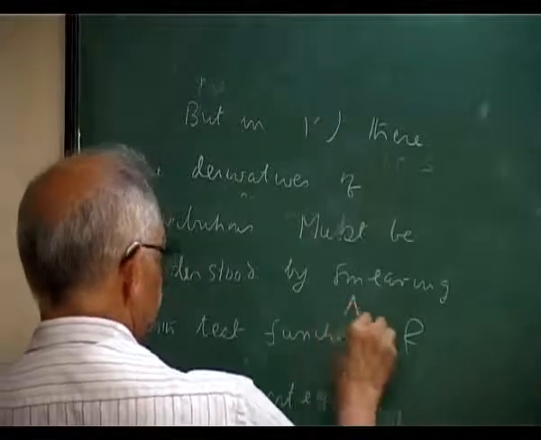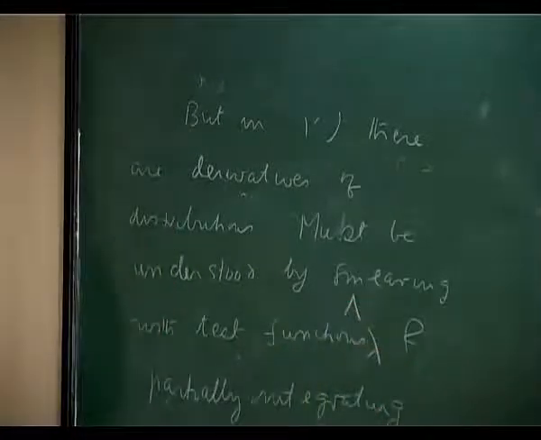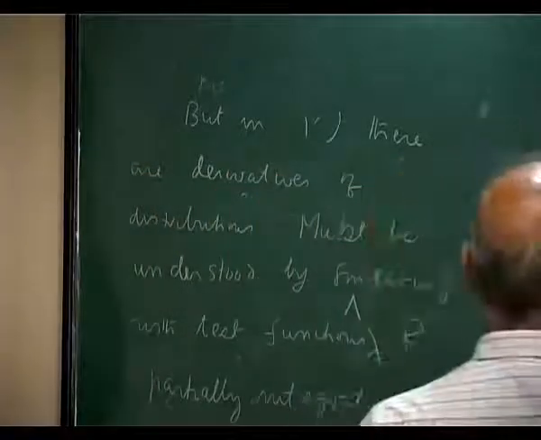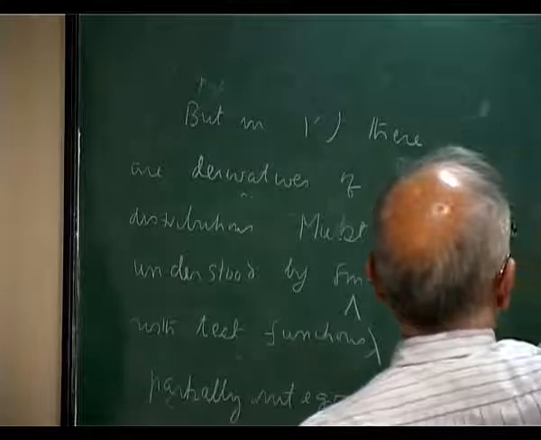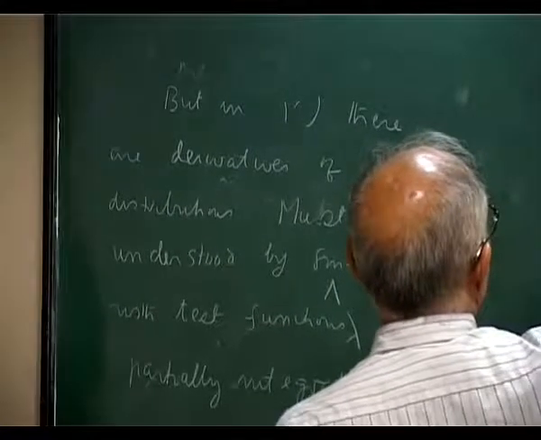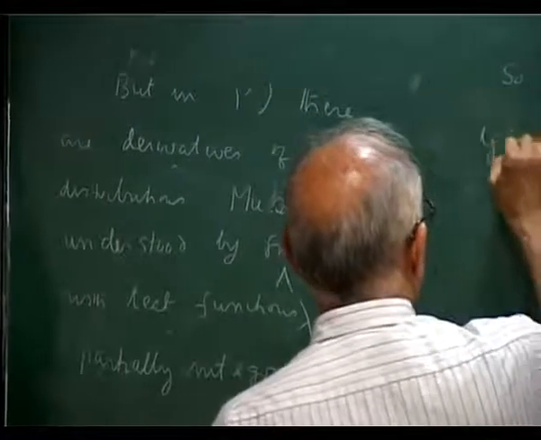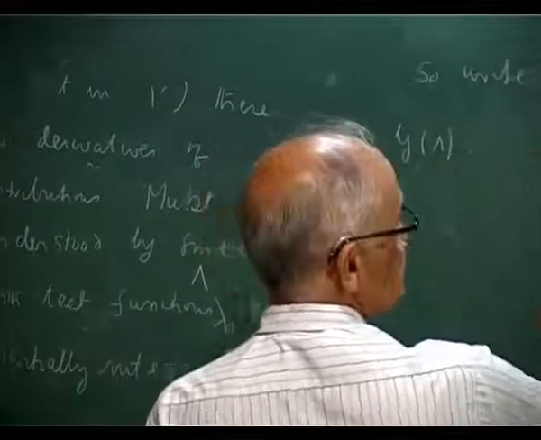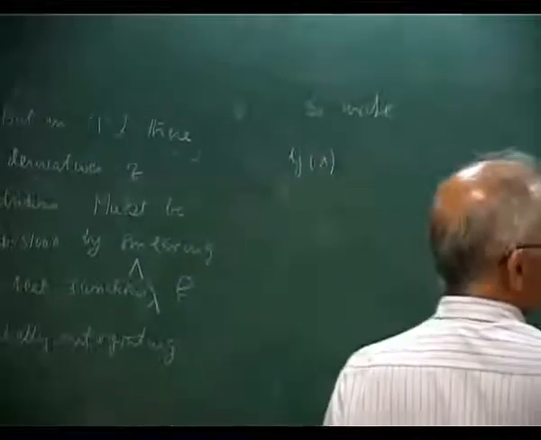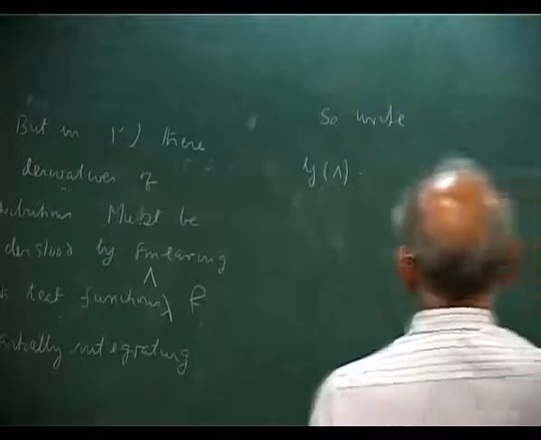Call it a test function lambda. So I will write g of lambda, where sign is less important. Where is the constraint 1 prime? That is there.